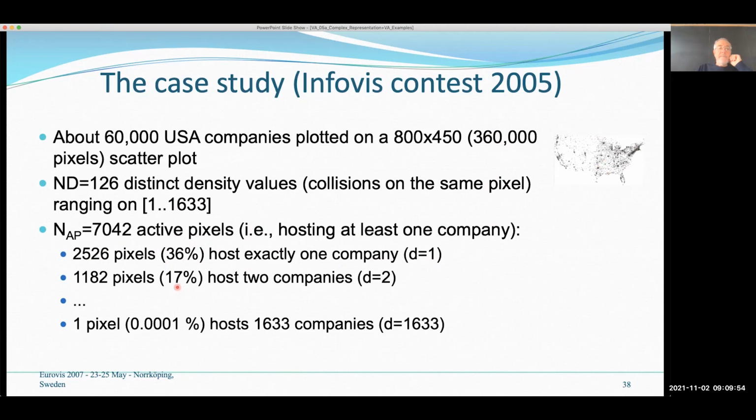The rest, in second position, 17%, 1,100 pixels, have only two companies. And there is one single pixel, the 0.00001%, that hosts 1,600 companies, a very high density.